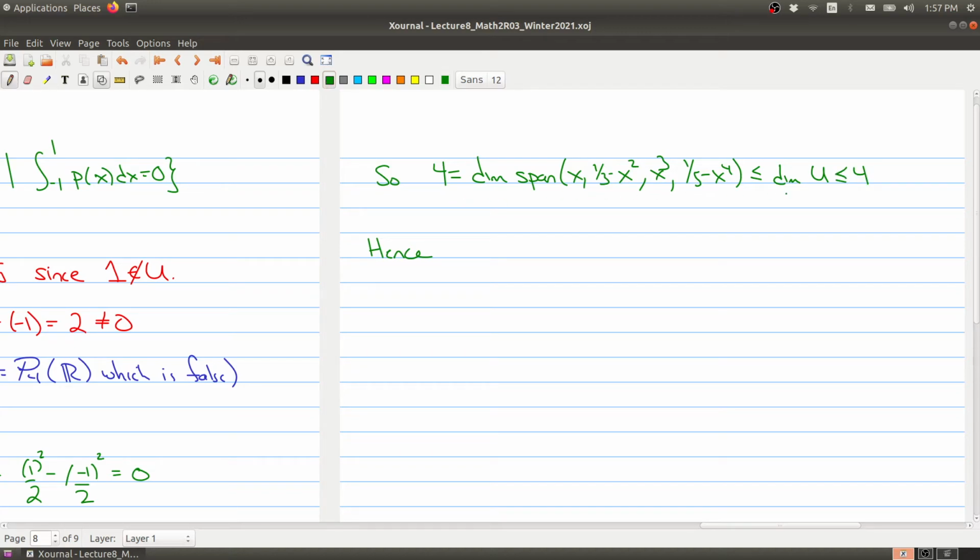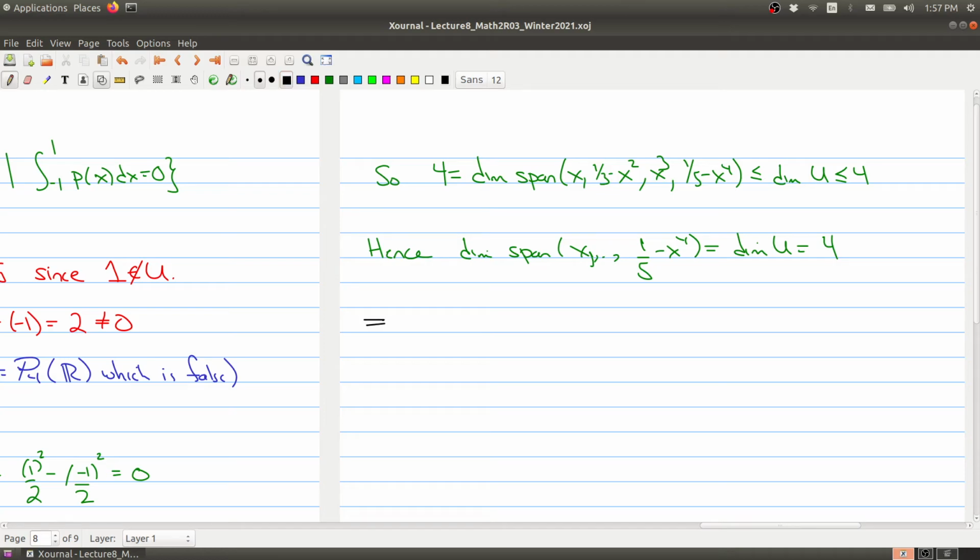So what we have is that the dimension of the span of x up to 1/5 minus x^4 is equal to the dimension of U, which is equal to 4. But now we have a subspace which has the same dimension as the space U here.